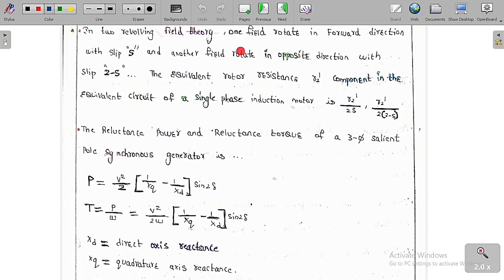In two revolving field theory, one field rotates in the forward direction with the slip S, and the other field rotates in the opposite direction with the slip.